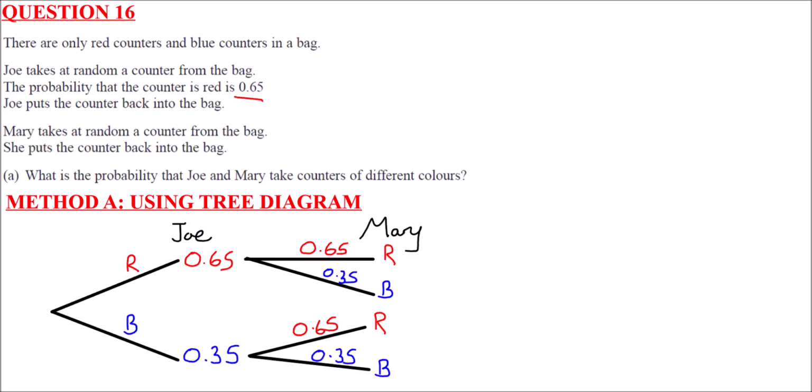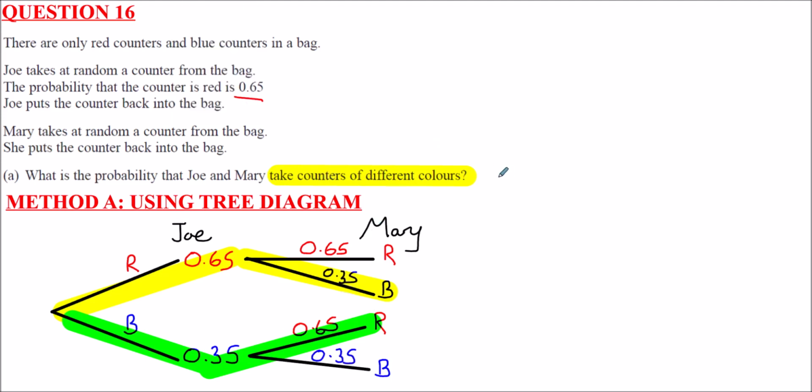So using this tree diagram, how could they take counters of different colours? Well, there's two main routes we could go. The first route is that Joe could have picked a red, and then Mary could pick a blue, or Joe could have picked a blue to begin with, then afterwards Mary could have picked a red.